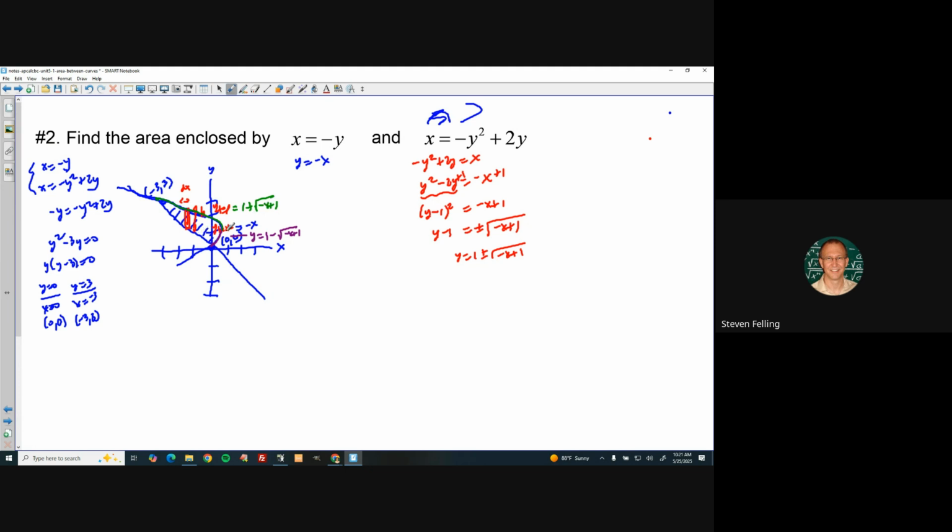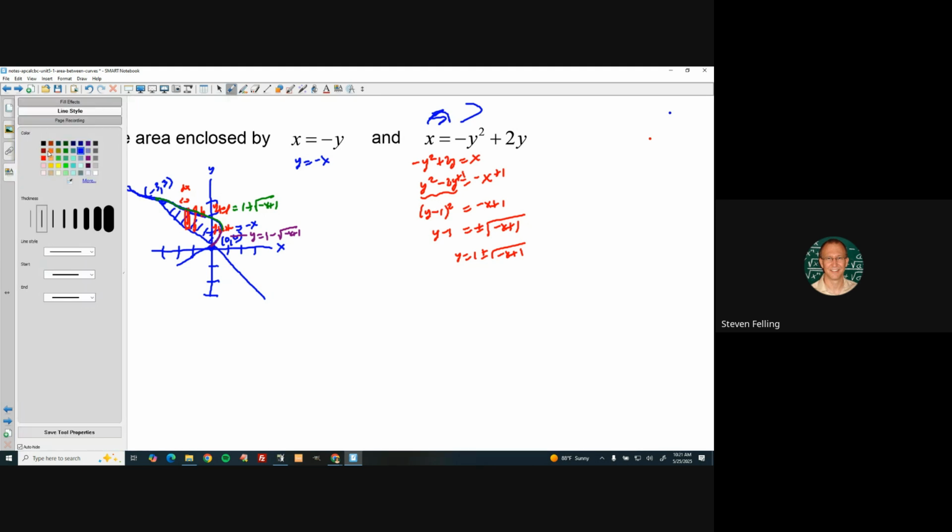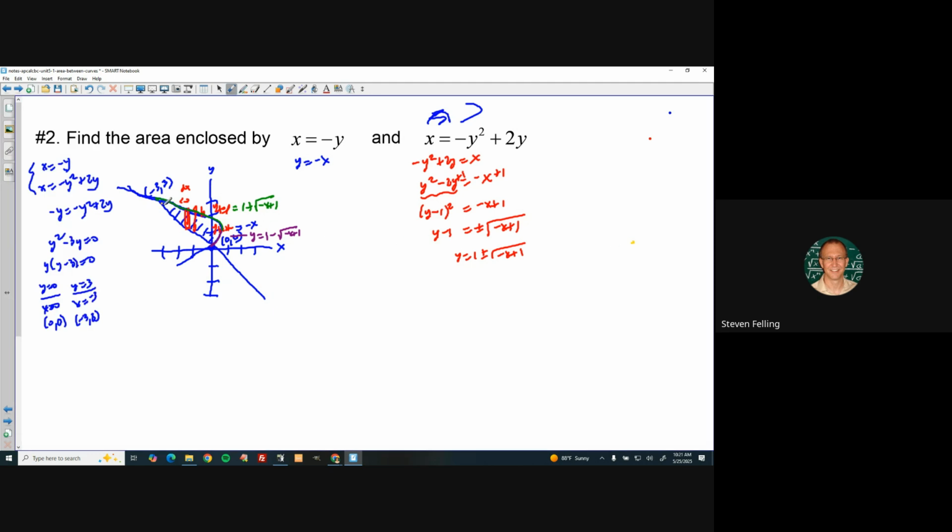But what that does mean is that we're going to have to split this, because if you look here, this is the bottom y for this portion. But then when we're on the other side of the y-axis, it's the same curve for the top and the bottom. That means we're going to have to split this into two separate integrals, one to do the area on the left, and one to do the area on the right.